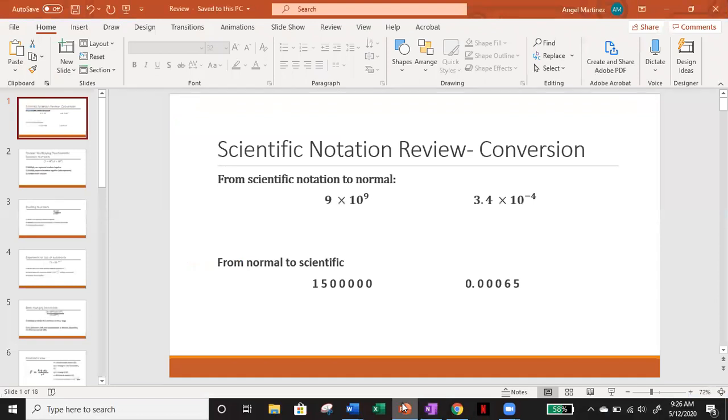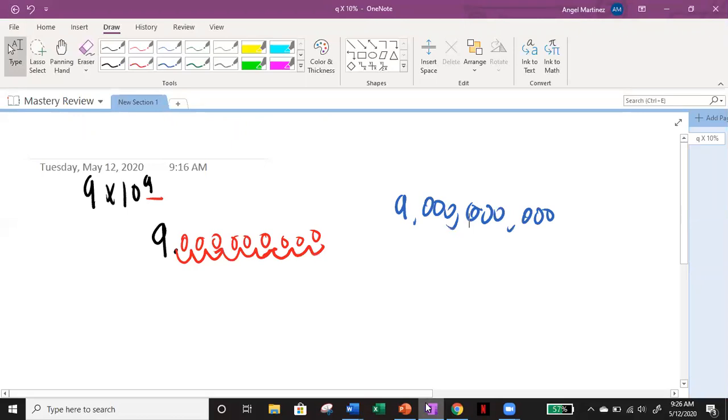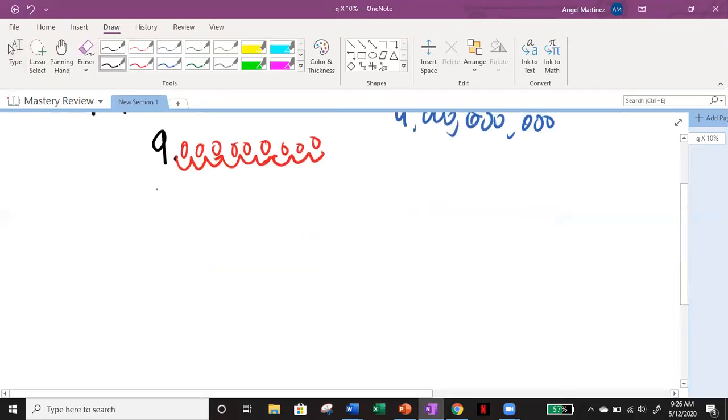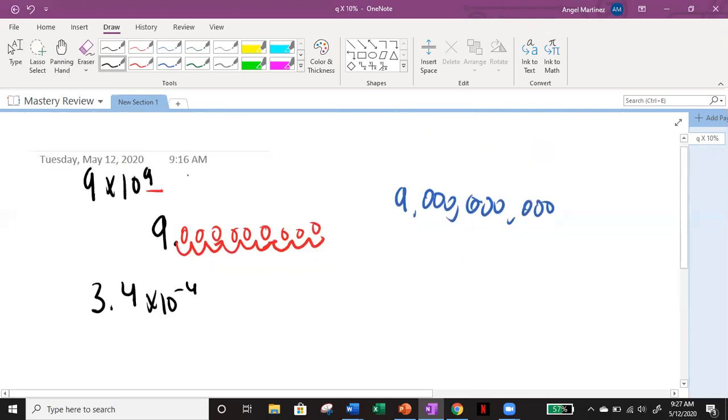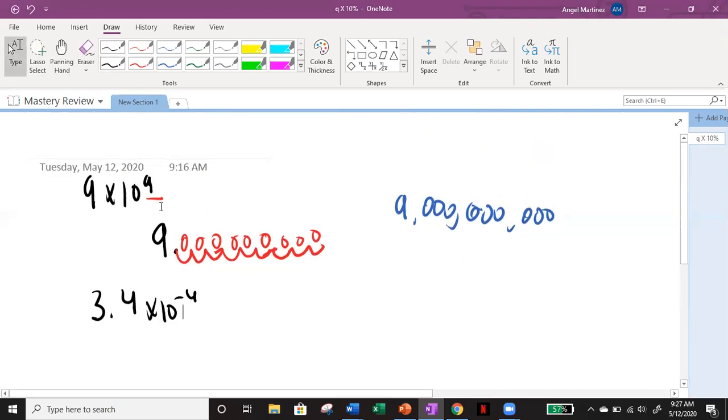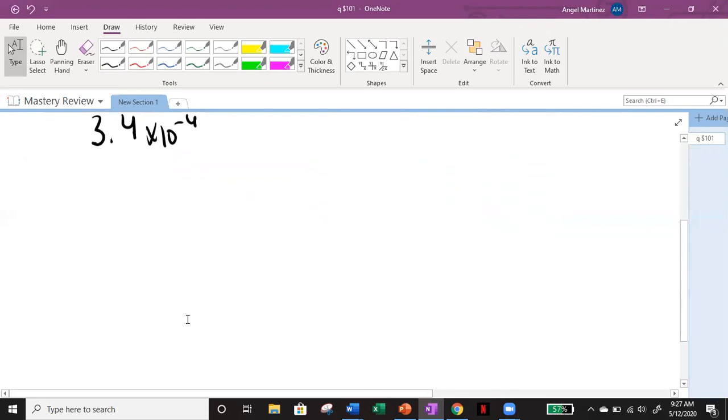Let's try the other problem, 3.4 times 10 to the negative 4. When we did the positive exponent, we went to the right because it has to be a big number. But since we're doing a negative exponent, it has to be a smaller number, less than 1.